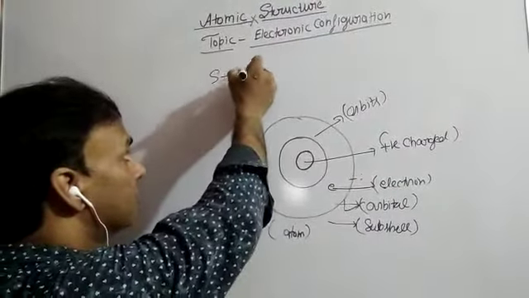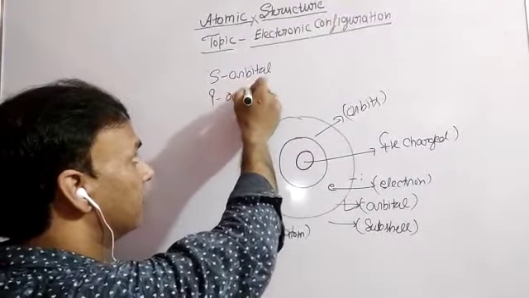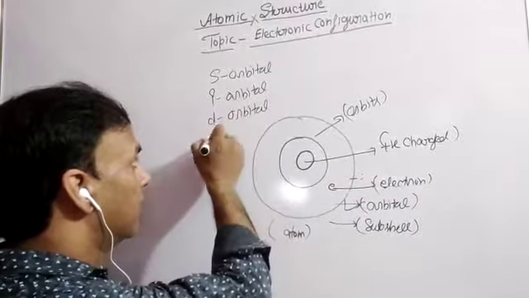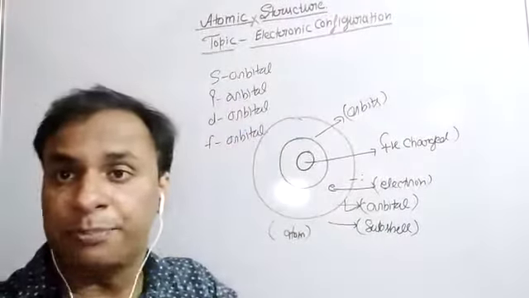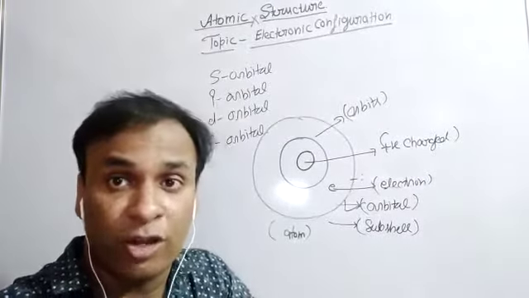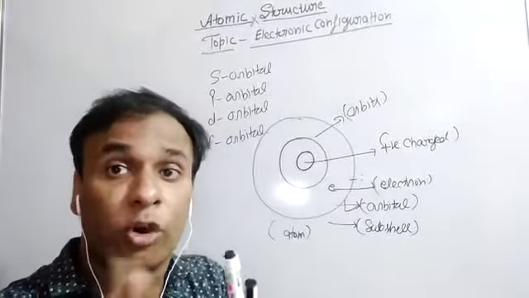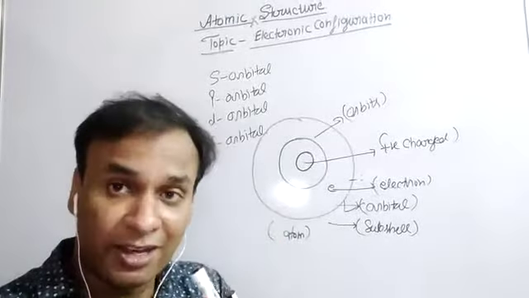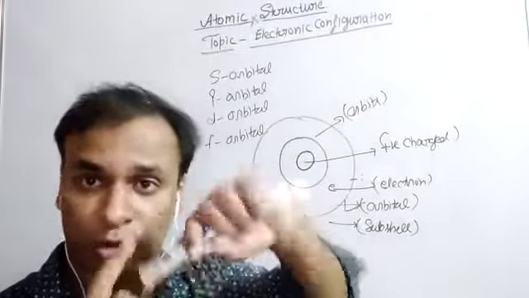s orbital, p orbital, d orbital, and f orbital. Clear? S, P, D, F orbitals, and each orbital can accommodate only two electrons, with opposite directions, meaning one electron revolves clockwise while the other revolves anti-clockwise.